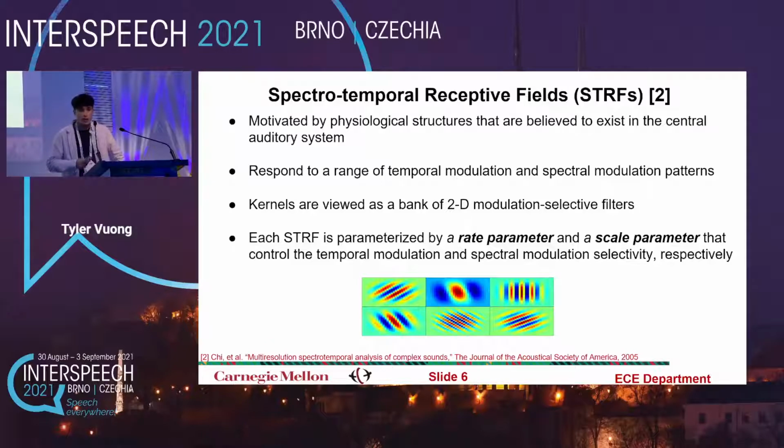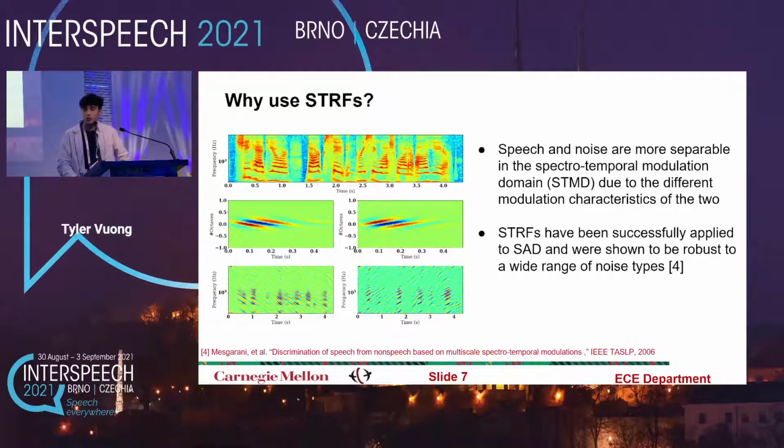So rather than a standard 5x5 kernel, where the frequency response of the kernels is not tuned to any specific temporal or spectral modulation, these kernels are tuned to very specific temporal and spectral modulations, because each of the STRF kernels is parameterized by a rate parameter and a scale parameter that control the temporal and spectral modulation selectivity respectively.